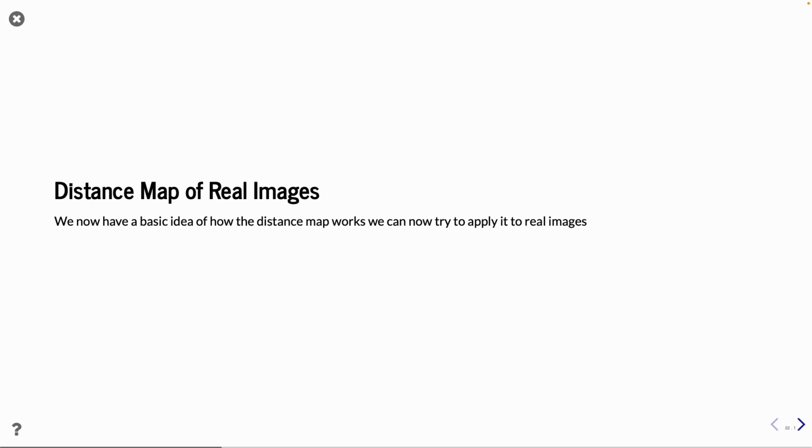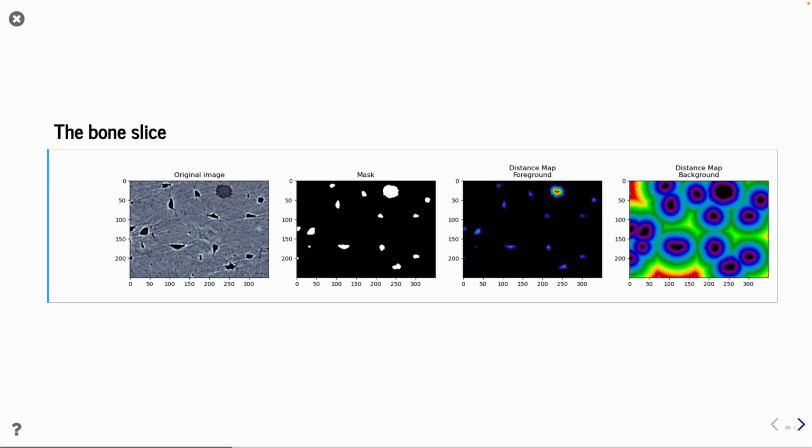Looking at real images, that's actually where we want to go. Now we take this bone slice, and we have the mask with different cells and channels. Looking at the distance map of the foreground, you can see small blobs here. This one is larger, so you have larger distances. These are just small ones, so you more or less just see them in blue.